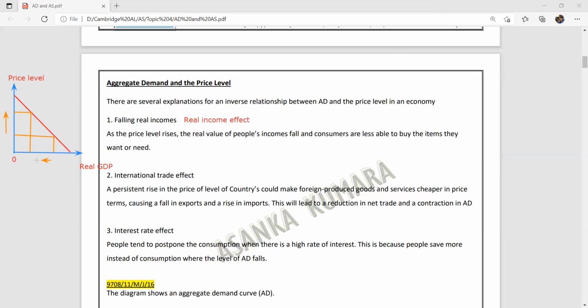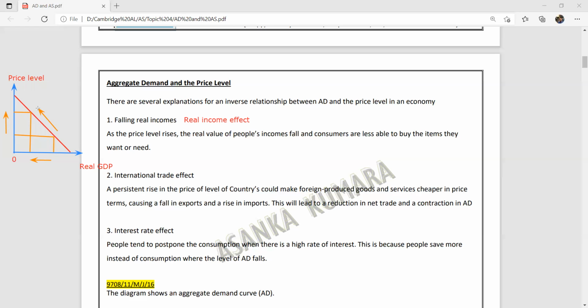It means now they purchase a smaller number of goods. There is a movement up along the aggregate demand curve. So it is known as the income effect, the real income effect. The opposite is also the same. When the price level falls, real income increases. As a result, there is a movement downward along the curve.